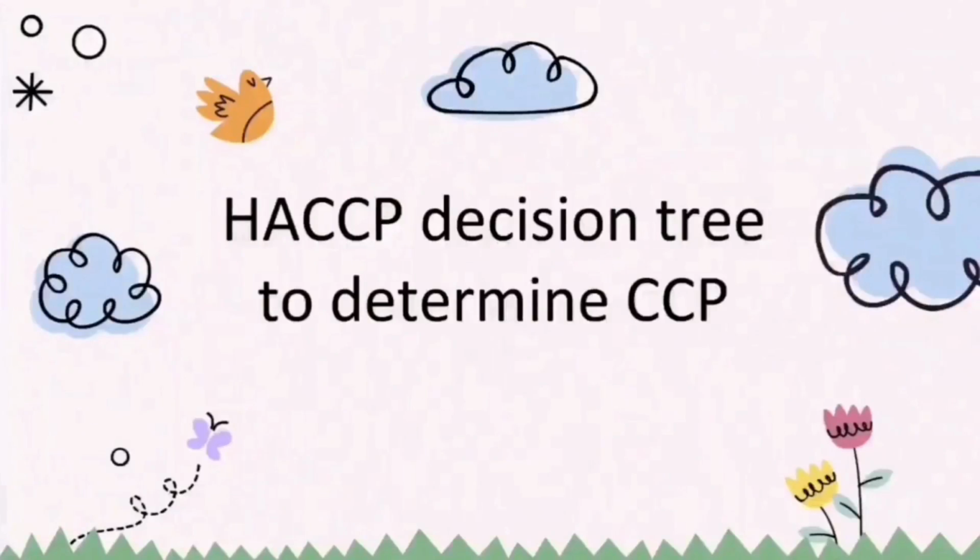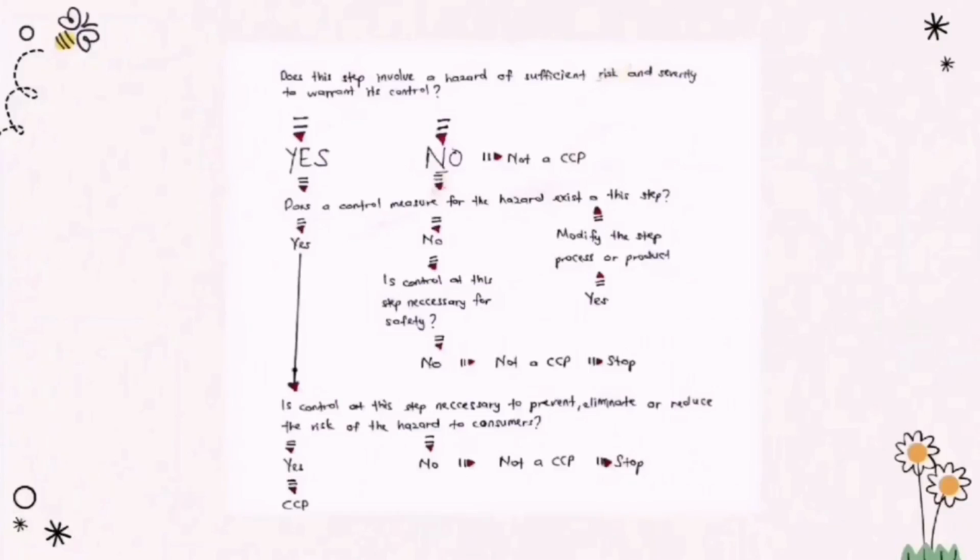This is the HACCP decision tree to determine CCP. There are 3 questions for this HACCP decision tree to determine CCP. Start with, does this step involve a hazard of sufficient risk and severity to warrant its control?